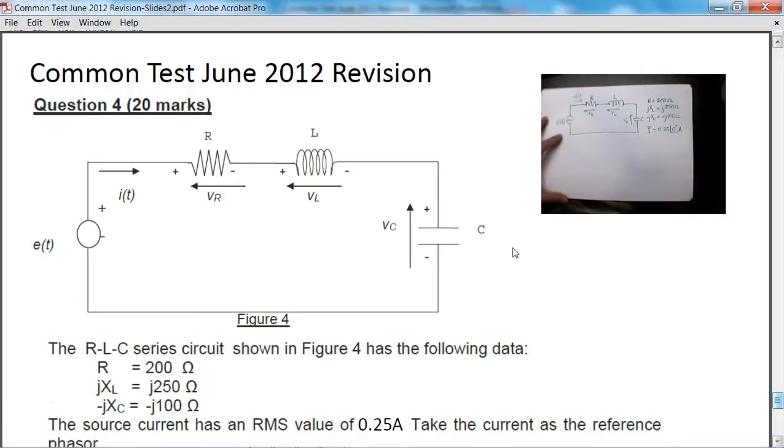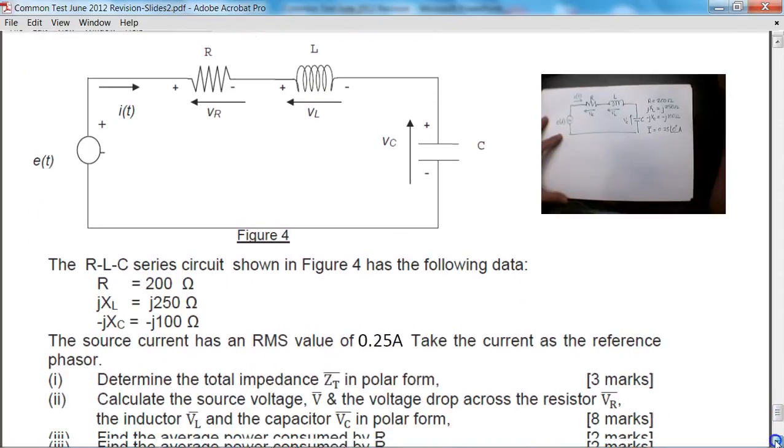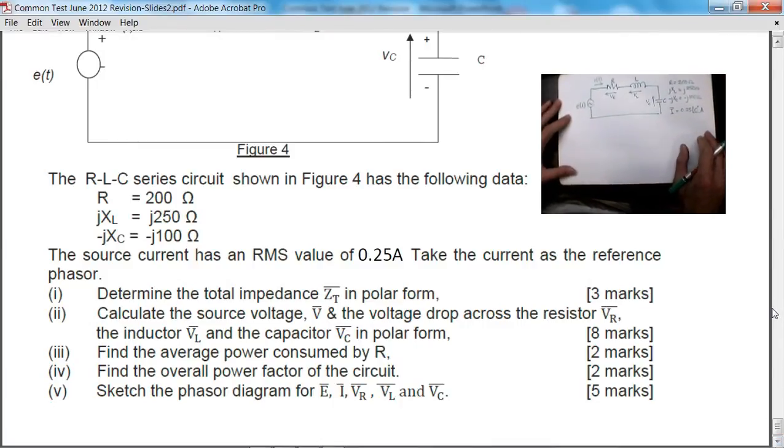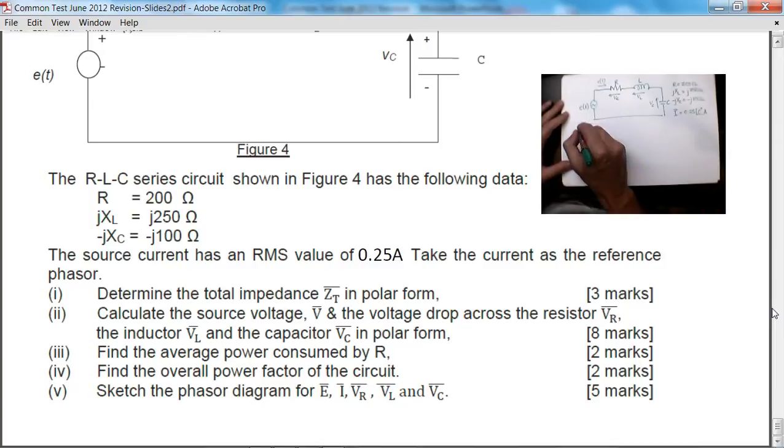Alright, so that is the information given to us, and we want to determine the following things. Number 1, we want to determine the total impedance in polar form. So total impedance ZT is given as the impedance of the resistor, the impedance of the inductance, and the impedance of the capacitance.